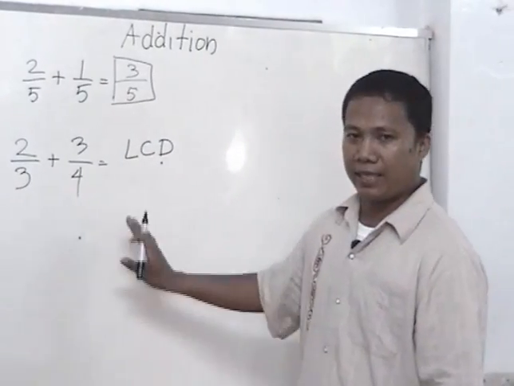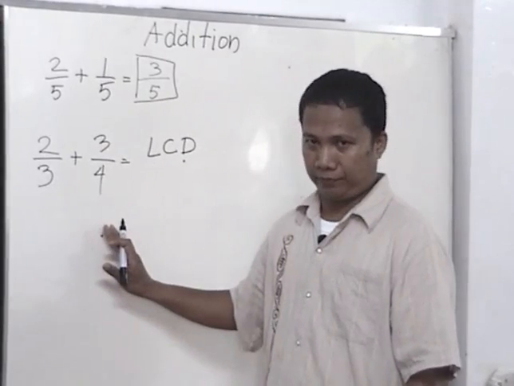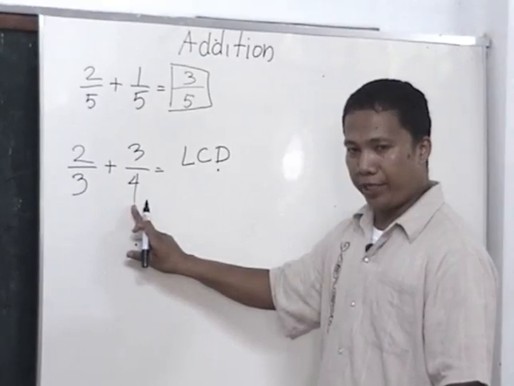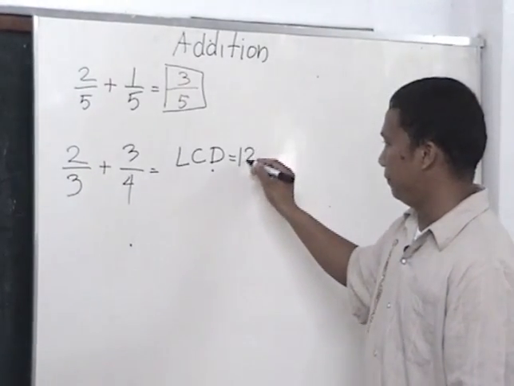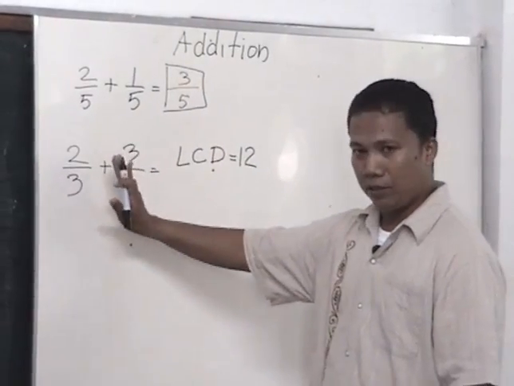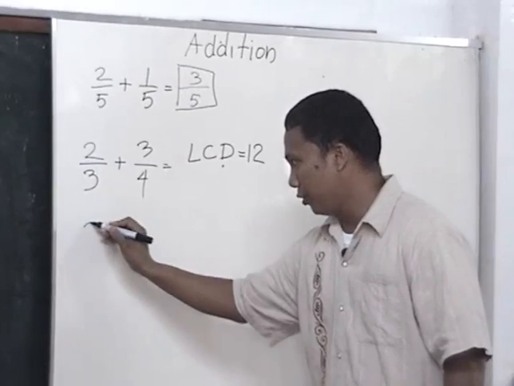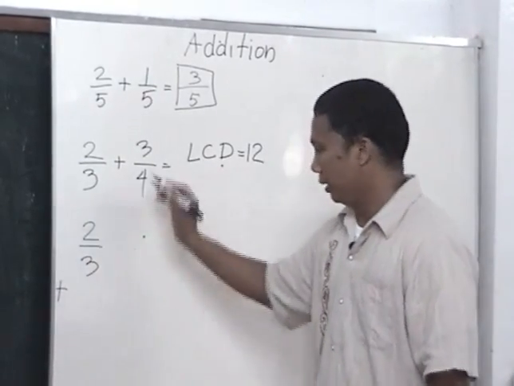The LCD stands for the least common denominator. We have 3 and 4, so the LCD is equal to 12. So based on this, we have to solve using the vertical position. So 2/3 plus 3/4.